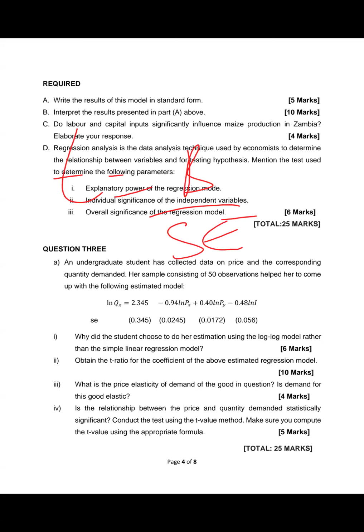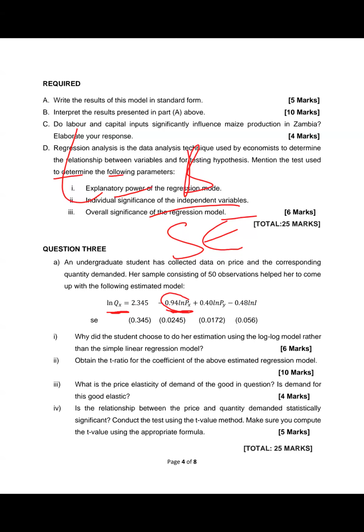What is the price elasticity of demand of the good in question? Is the demand for this good elastic? So you just differentiate this with respect to x, since the good is x. We find that the elasticity is negative 0.94.